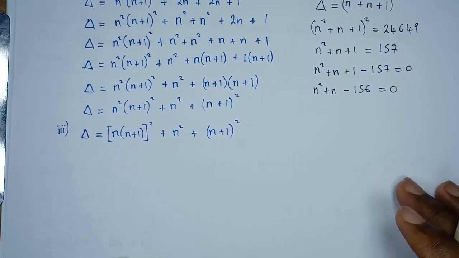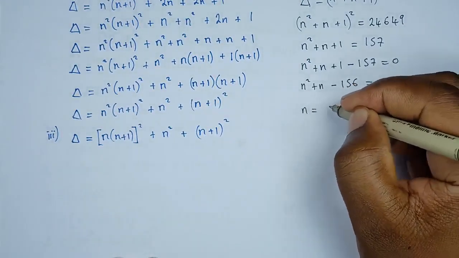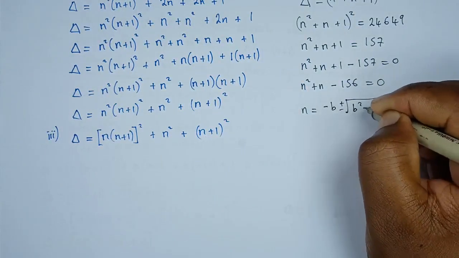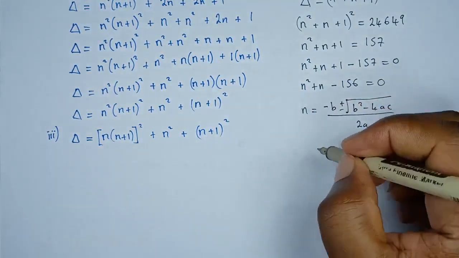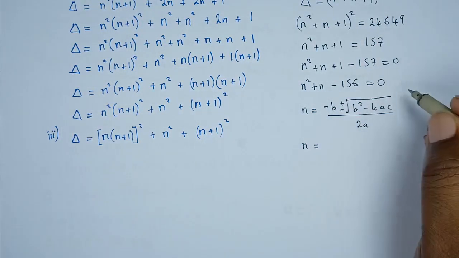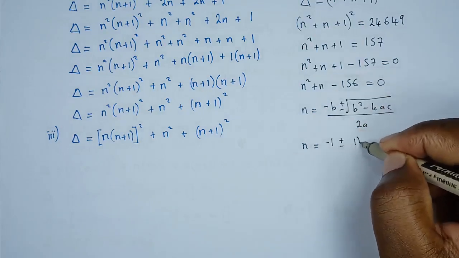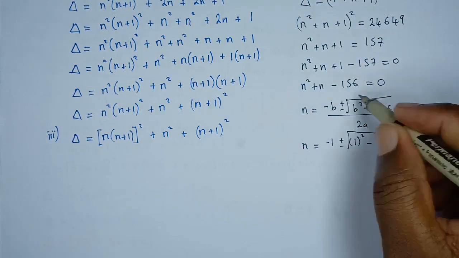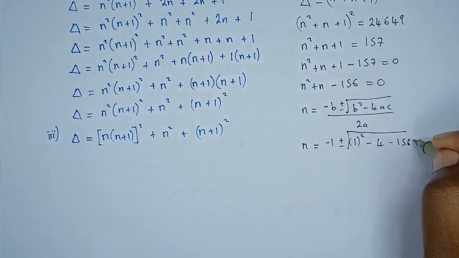To solve this quadratic equation, let's just use the formula: n is given by negative b plus or minus the square root of b² − 4ac, everything divided by 2a. In this case, our b is 1, so we have 1 squared minus 4. What is our a? 1. What is our c? Negative 156.